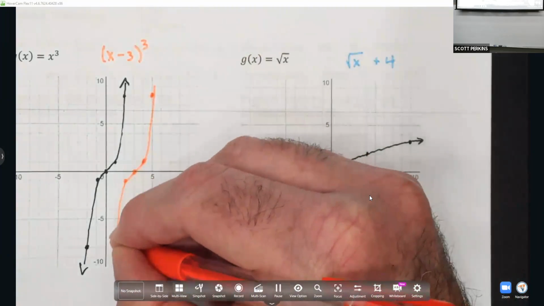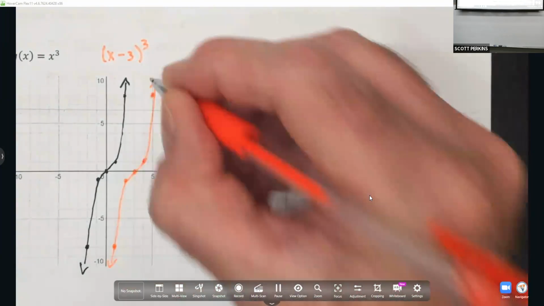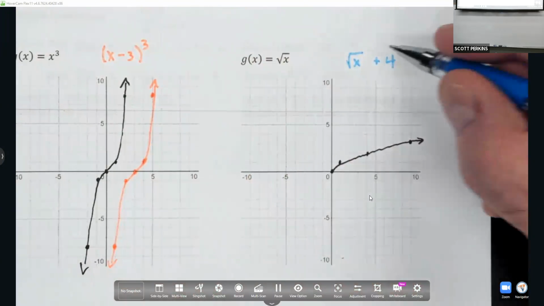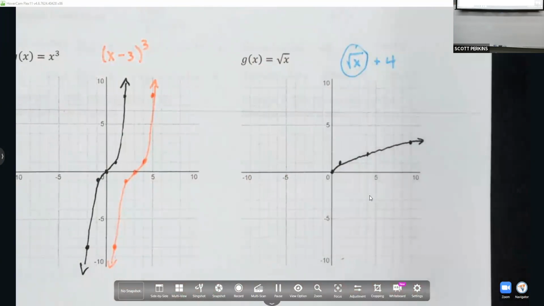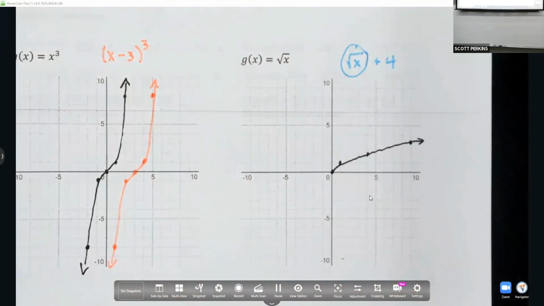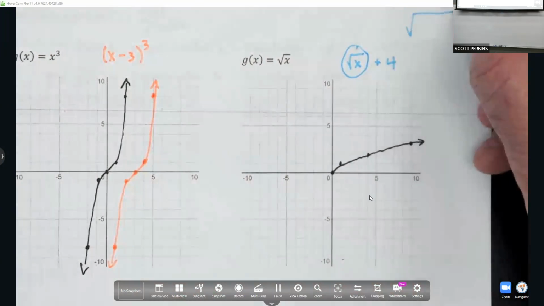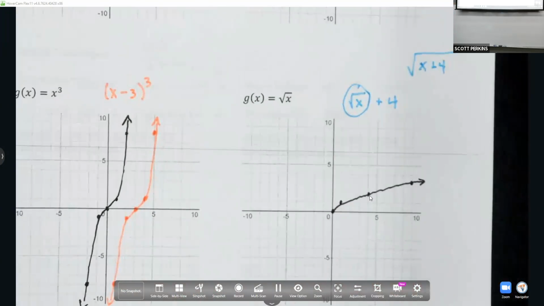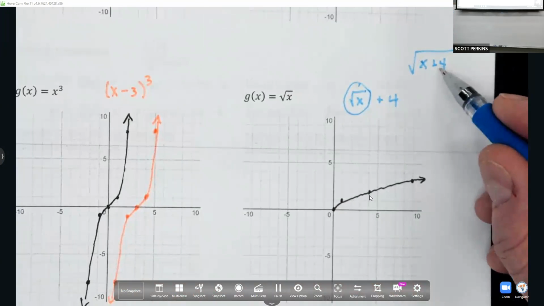it should look like my graph does right there. And then the square root of x plus 4: notice the square root of x is self-contained. The plus 4 is not under the radical, so this is different than if I had written the square root of x plus 4, where the plus 4 is under the radical.